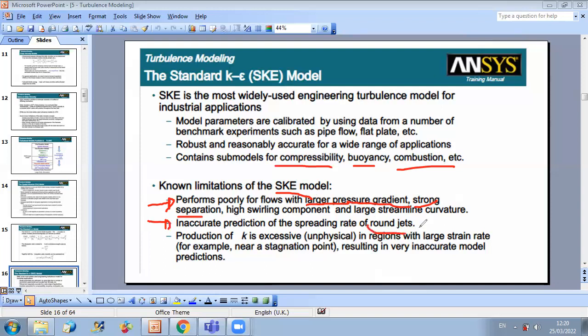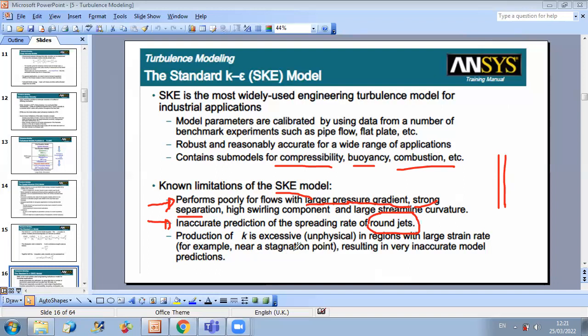So if you have round jets in your problem, like the problem, if you remember, of personalized ventilation we talked about together, you have a round jet from the ceiling. It's not advised then to use this model. We'll see what are the models that are suggested in such cases. Plus, we have seen that production of K is excessive in regions with large strain rate.